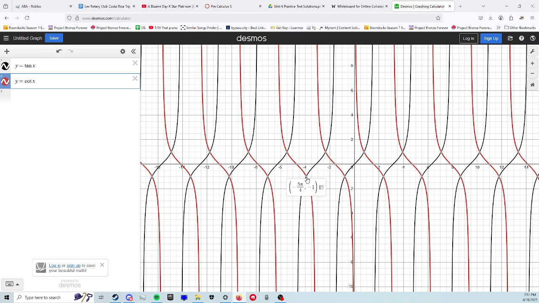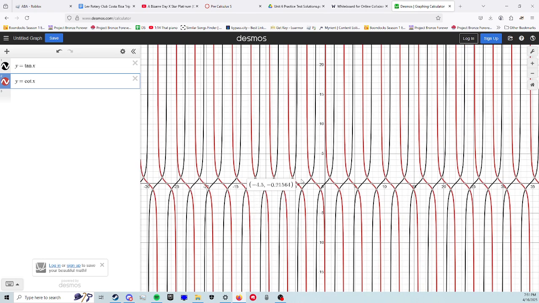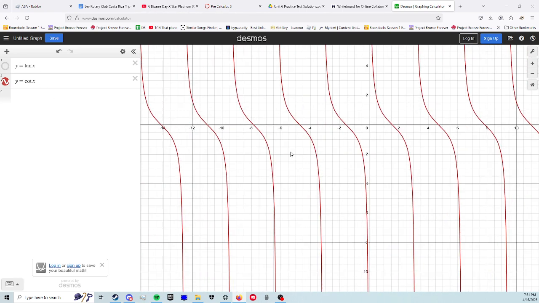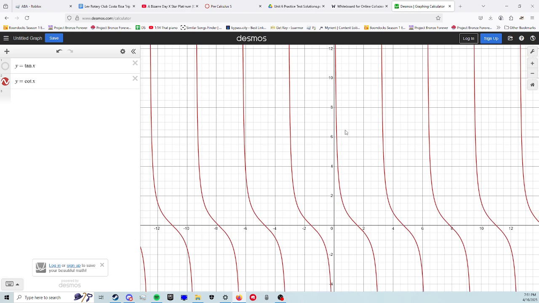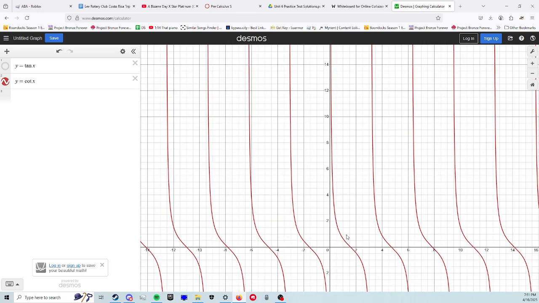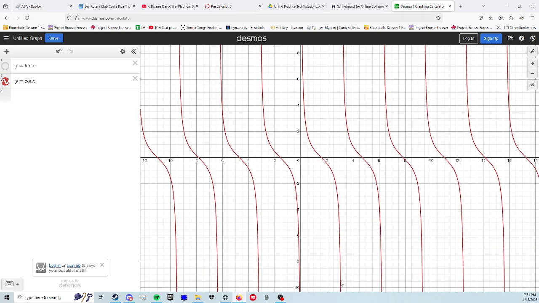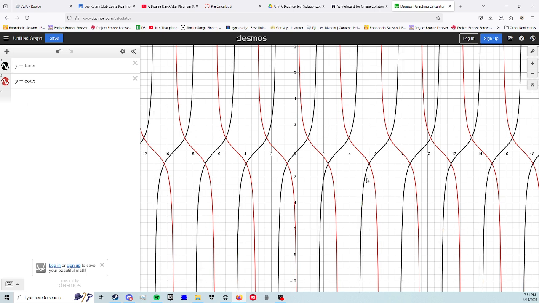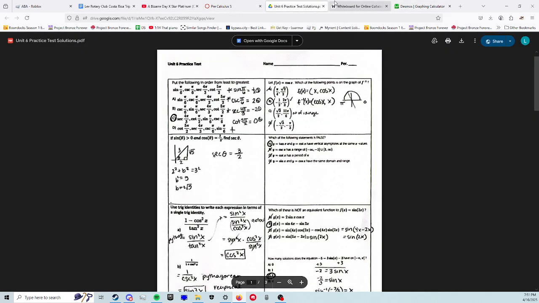Is this true? So we know there's a vertical asymptote here, a vertical asymptote in between these two, but if we turn on tan x, it goes through, so it can't be A. But we'll still go through each answer choice.